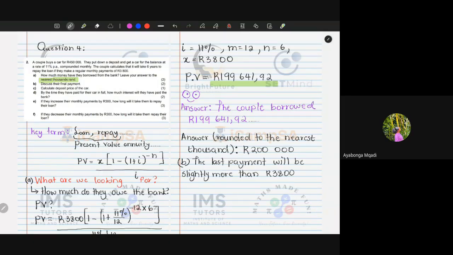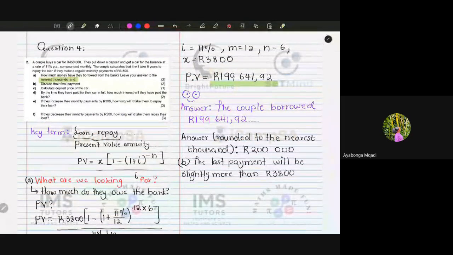It means the last payment must be slightly more than 3,800 to cover what the bank did, which was choosing to round up your amount. Does it make sense? Yes. That is what they meant when they say discuss. Do you understand now? Oh, yes. Thank you. Awesome. Do you guys now understand? Thanks for the question. It really assisted some.